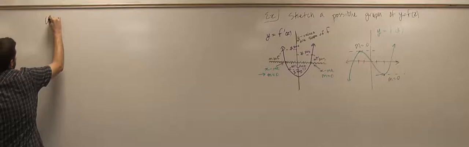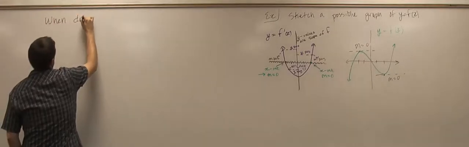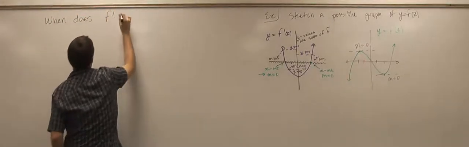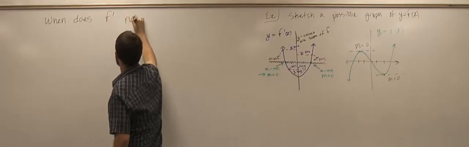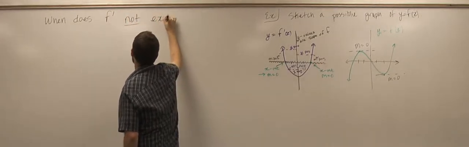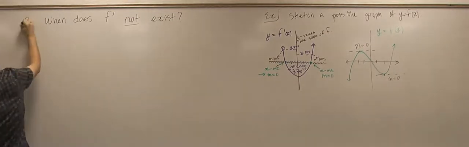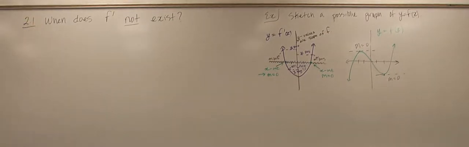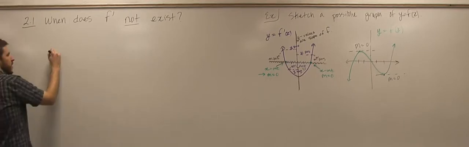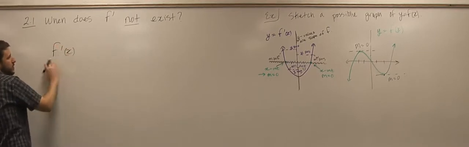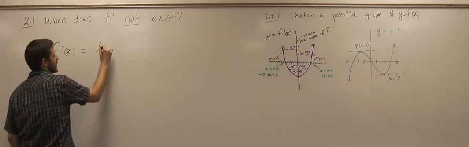Okay. Does f prime not exist? Now, this is a topic from the first section. The derivative at a point x is always defined as this limit.